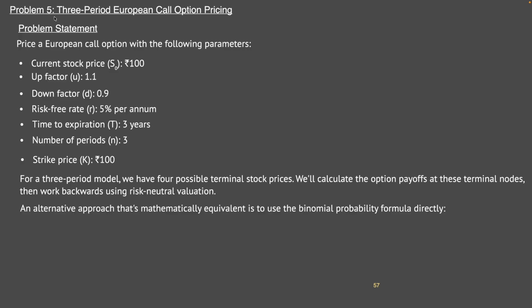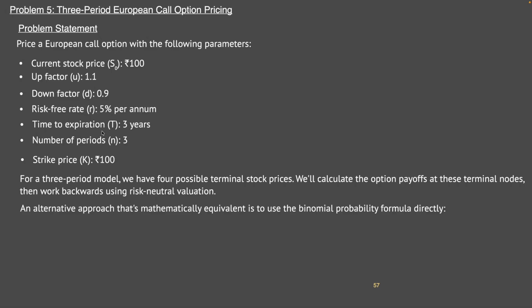Now let us take another example, a 3-period European call option pricing. Price a European call option with the following parameters. Stock price 100, up factor is 10%, that is 1.1, and down factor is again 10%, so it becomes 0.9. Risk free rate is 5%.